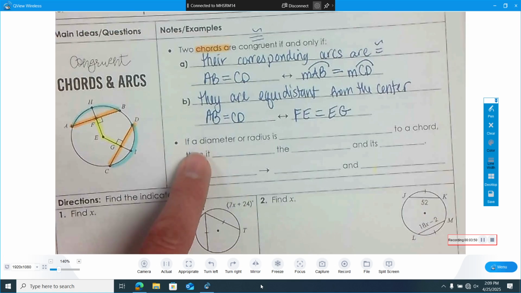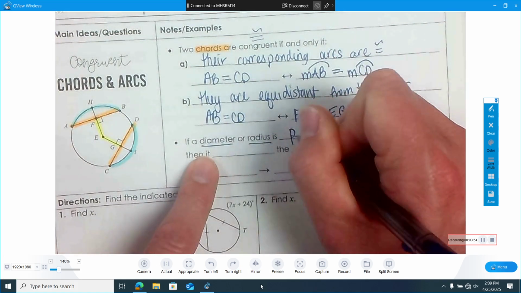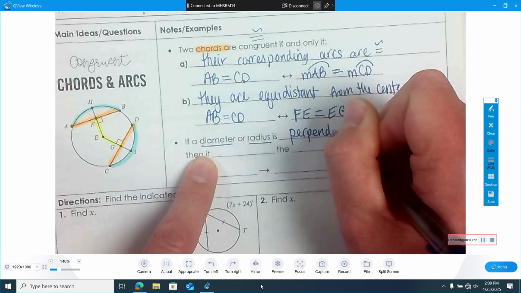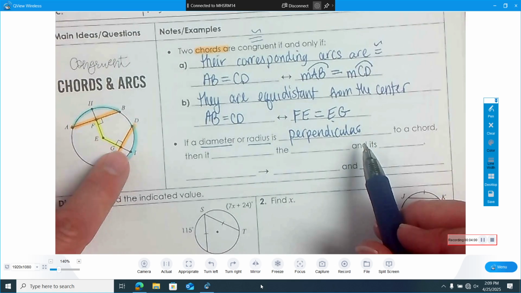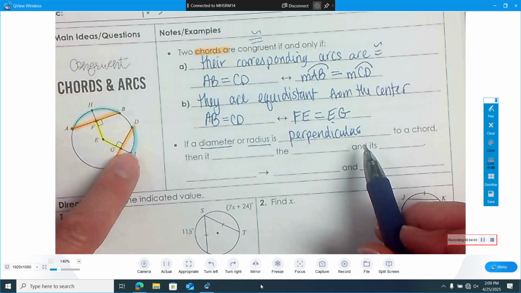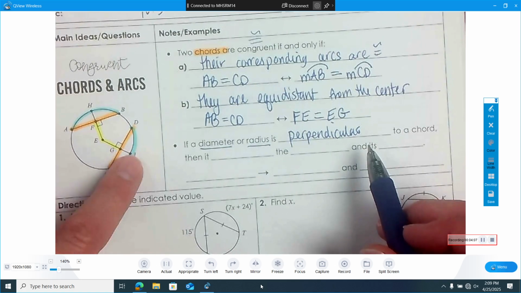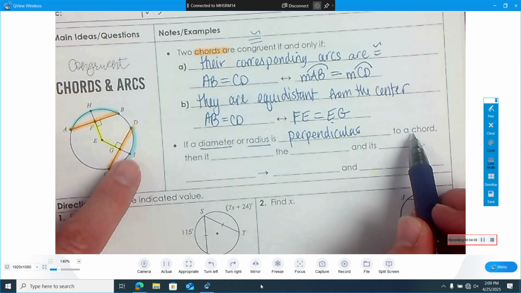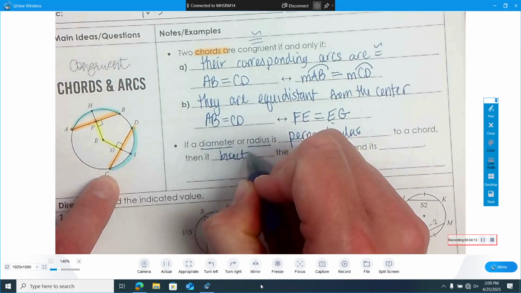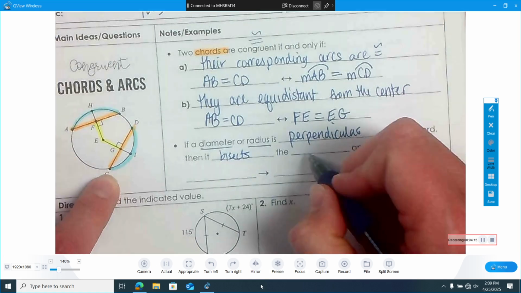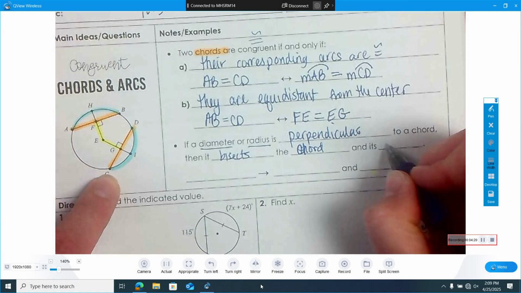We also want to know that if a diameter or a radius is perpendicular to a chord, then, this is real interesting, it bisects the chord and its arc.